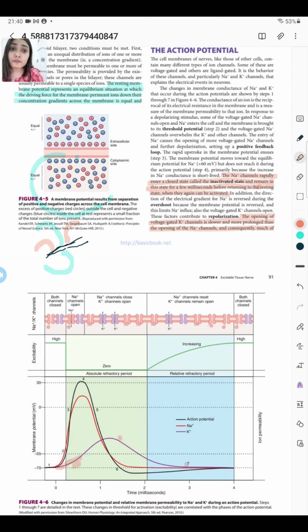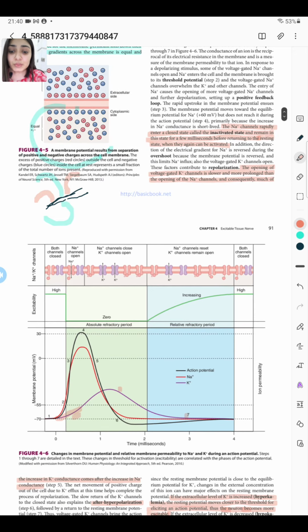With both the sodium channel and potassium channel, we will start with a depolarizing stimulus. Whenever there is a stimulus for the generation of an action potential, this is known as the depolarizing stimulus. As soon as this stimulus reaches the threshold potential, what is the threshold potential?